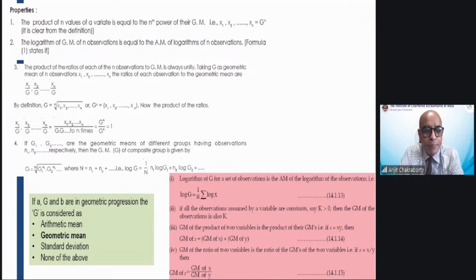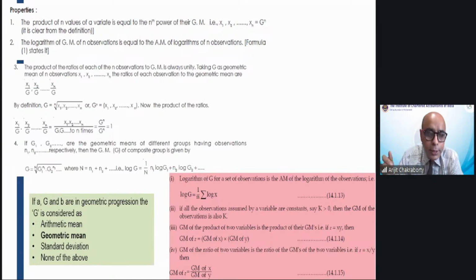It is geometric mean. A, G and B are in geometric progression, which means the first term is A, the second term is capital G, and the third term is B. So G divided by A has to be equal to B divided by G, because it's a common ratio: term 2 divided by term 1 equals term 3 divided by term 2, and so on.